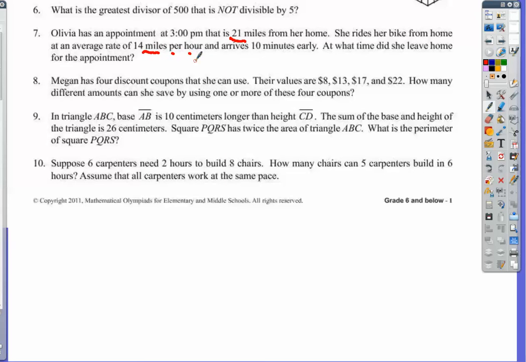So her time is 21 divided by 14, which is 1 and a half hours, or 1 hour and 30 minutes. Another way you could look at it is, in 1 hour, she goes 14 miles.